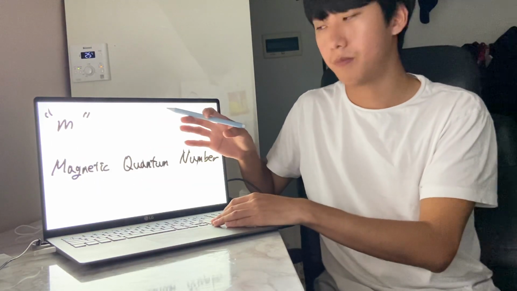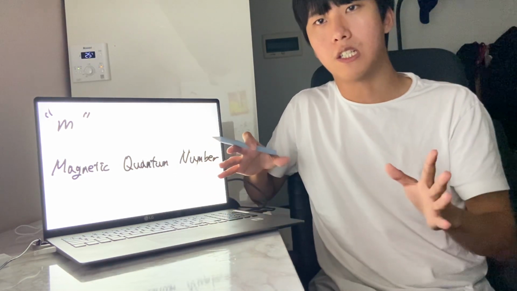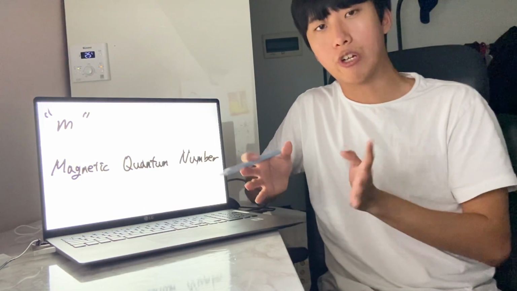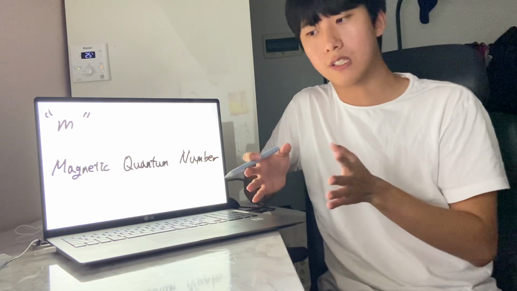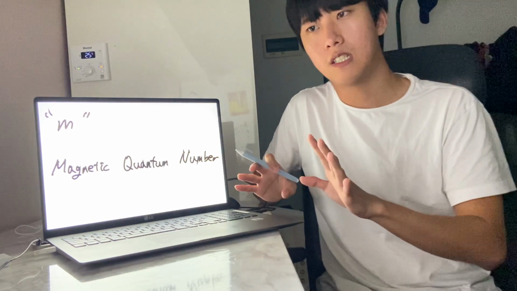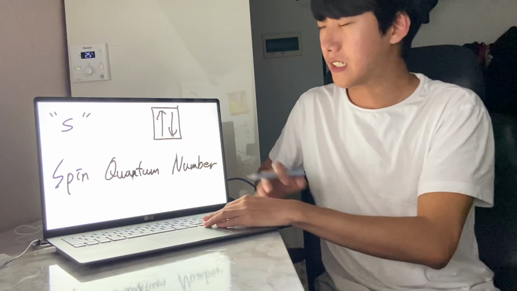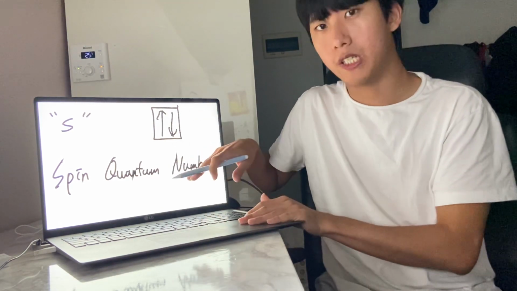Next, M is the magnetic quantum number. It is about the direction, or the surface, from which we see the view of the inside. Next is S, the spin quantum number.